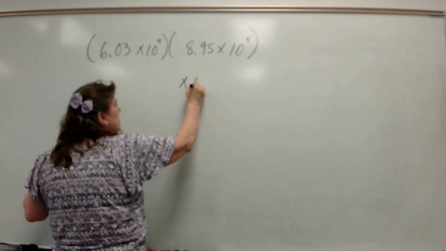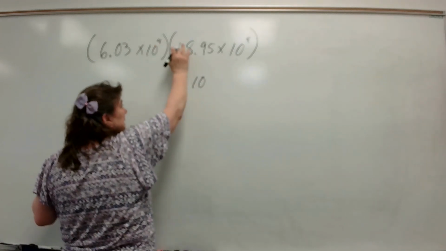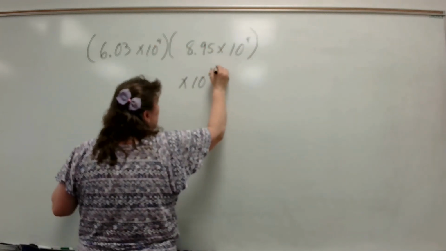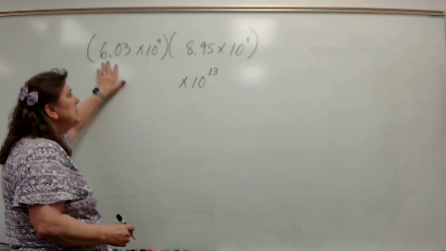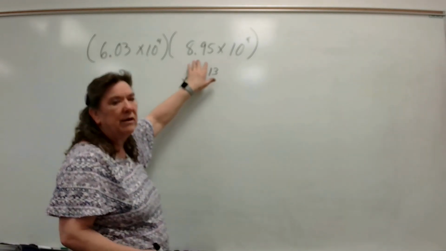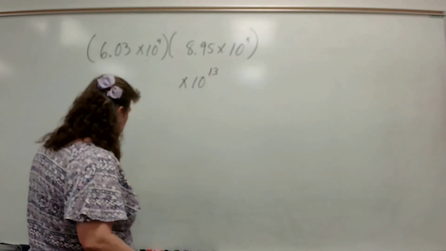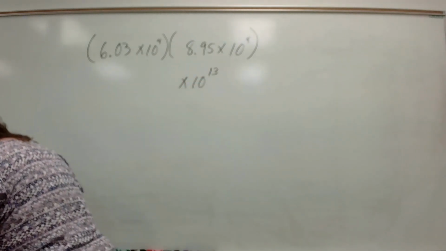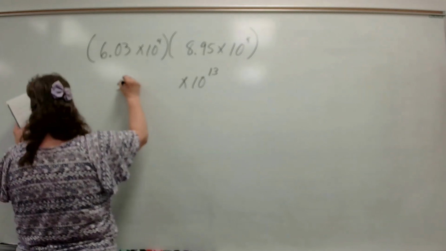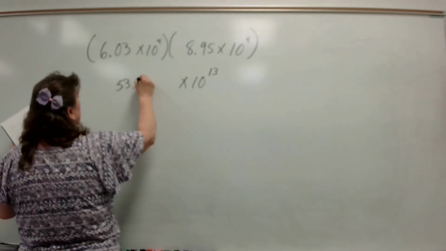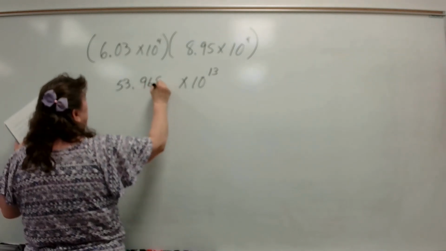Therefore, that becomes 10 and it's multiplication, so you'll add your exponents, making 10 to the 13. But now I have to multiply part 1 of each one of these, part 1 times part 1. And when you multiply those two together, you get this, 53.9685.